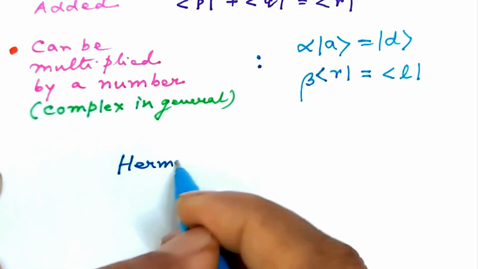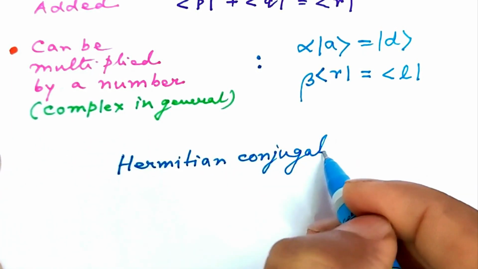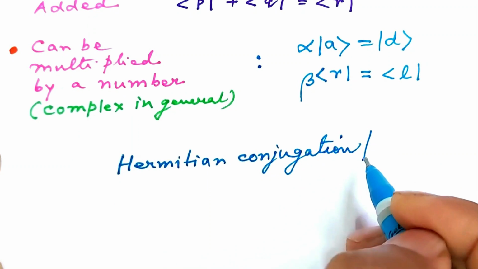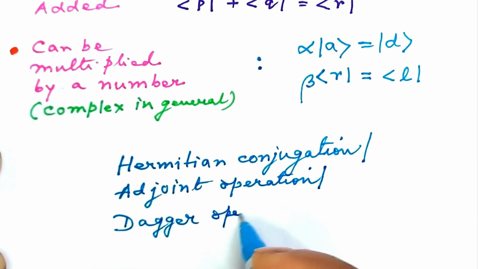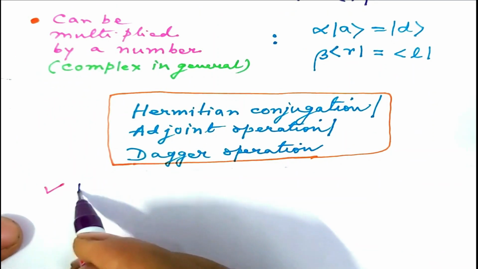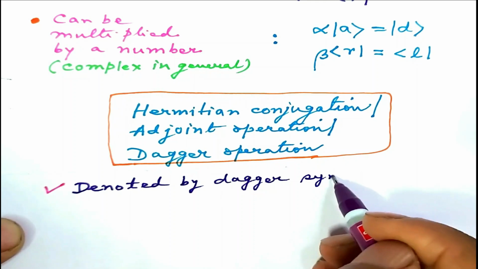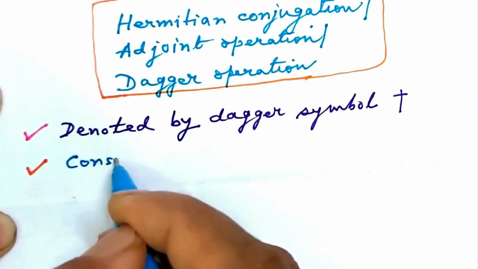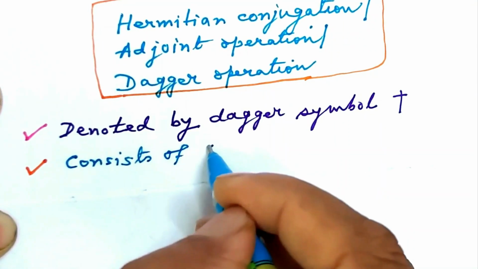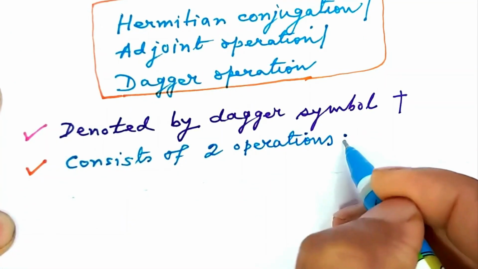Let us move on by introducing what we mean by the operation of Hermitian conjugation, also called adjoint operation or dagger operation, and is represented by dagger symbol or the cross symbol. To accomplish this Hermitian conjugation operation, we need to perform two operations.